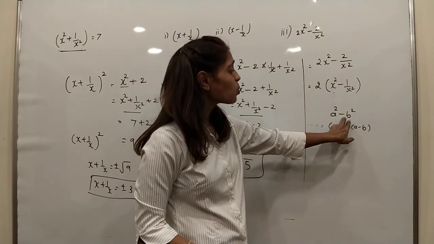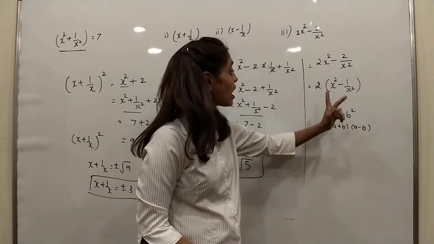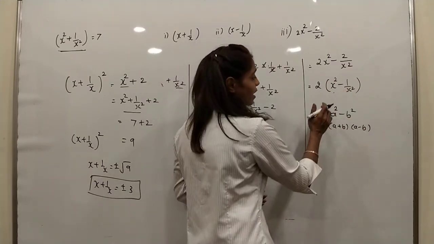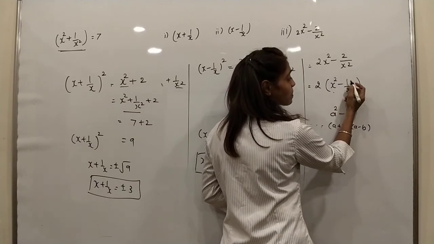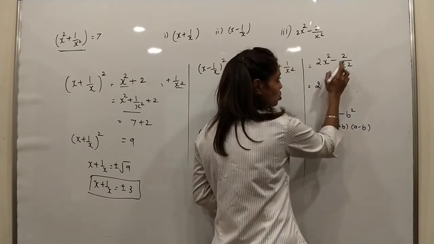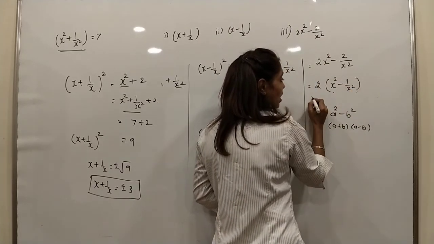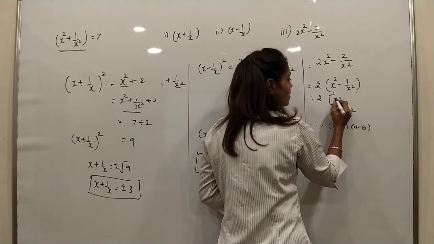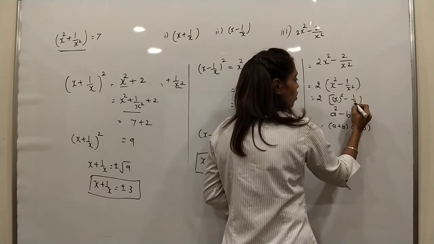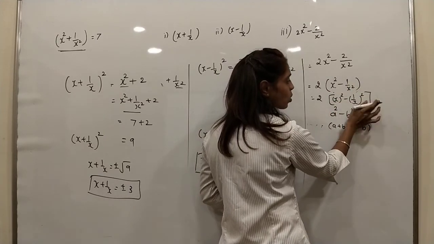That is a square minus b square. Here a square minus b square: 2 common, then x square and 1 upon x square are left. That is x the whole square and 1 upon x the whole square.